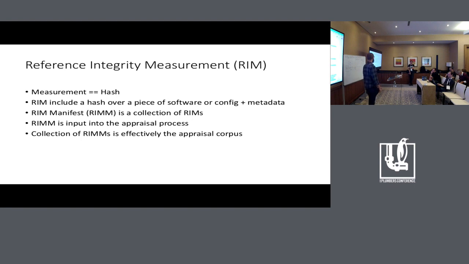Maybe that's why we say measurement instead of hash. But the RIM is really just meant to include, at the very least, this hash and some config and metadata. The RIM can also mean RIM with an extra M on the end of it, which is just a manifest. This is a collection of these measurements. It could be one or more. And this effectively becomes the unit of information in your appraisal corpus.